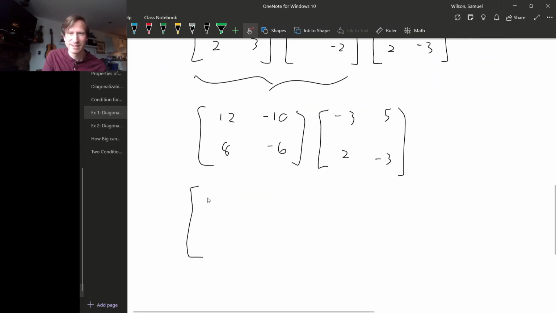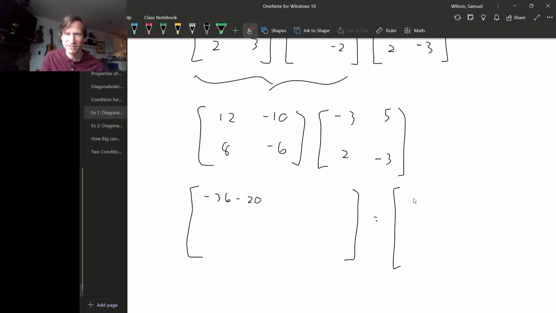So let's see. Negative 36 minus 20 for this upper left corner, so that's going to be negative 56, and then negative 24 minus 12, so negative 36.